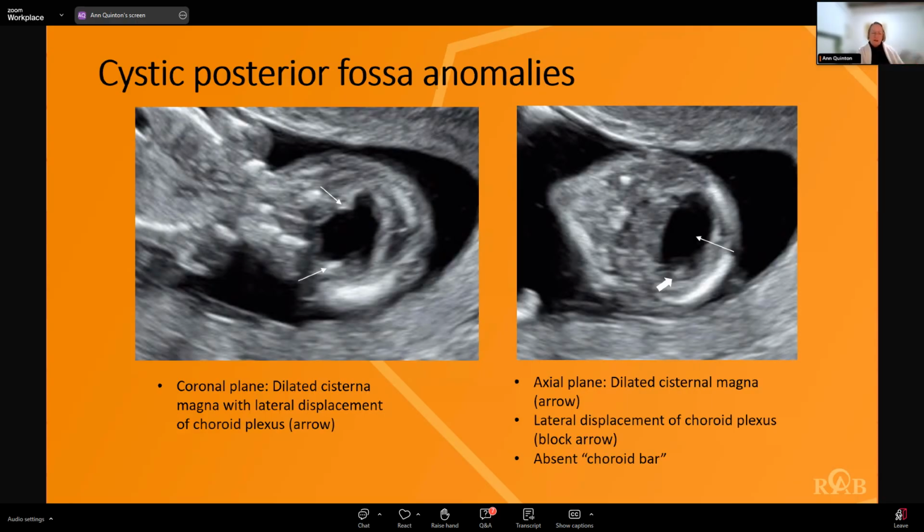And this work that they've just published is showing us that this position is reproducible. It aligns well with the crown rump length, and it doesn't increase the number of post-dates pregnancies that are born, and you can use it as an alternative.